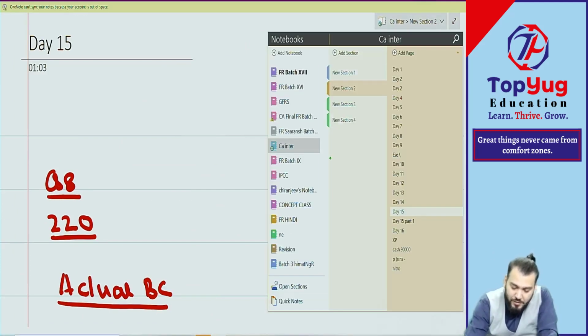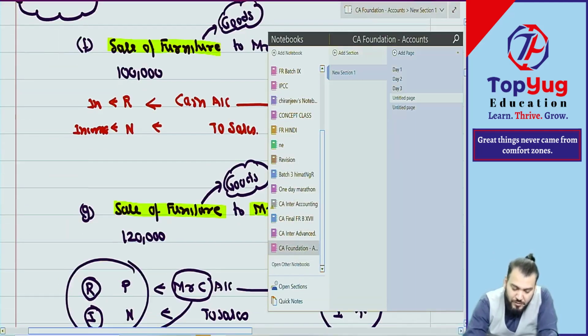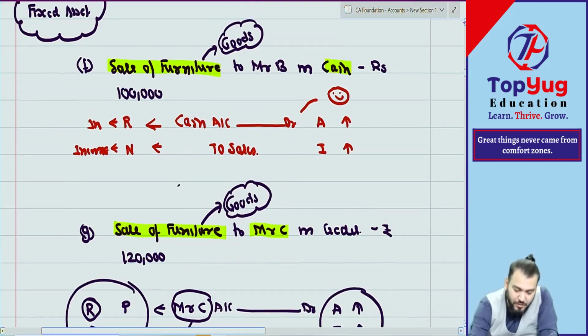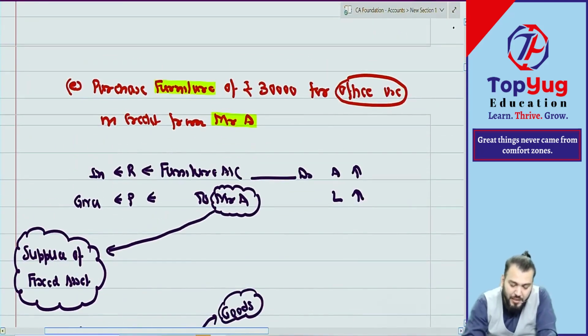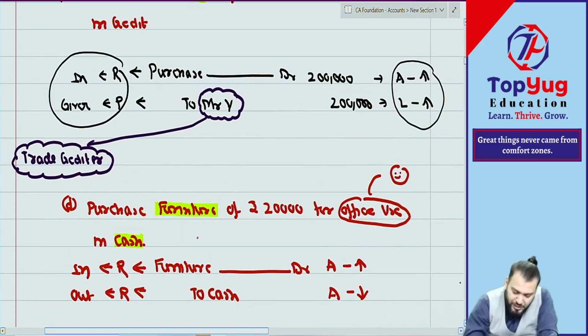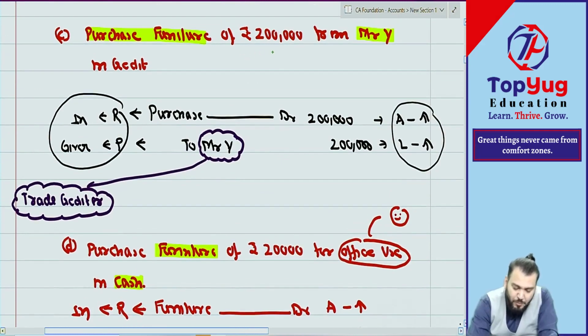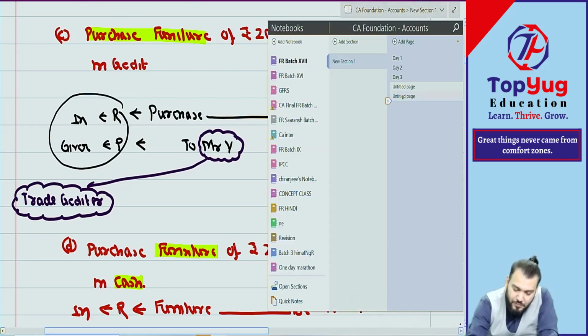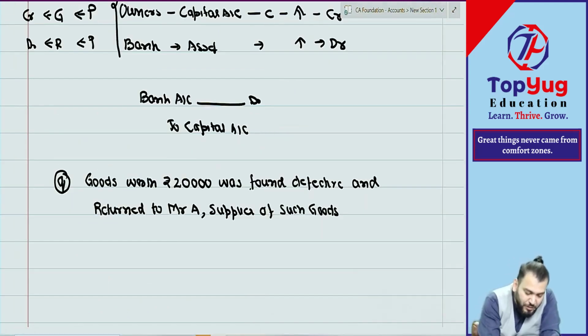In the last class, we did the transaction: purchase furniture for office use in credit from Mr. A. I will change the name only. Purchase furniture of rupees 2 lakh from Mr. Y in credit. So I will change the name to Mr. Y. Better you write down Mr. Y, so that it is a continuation of that example.